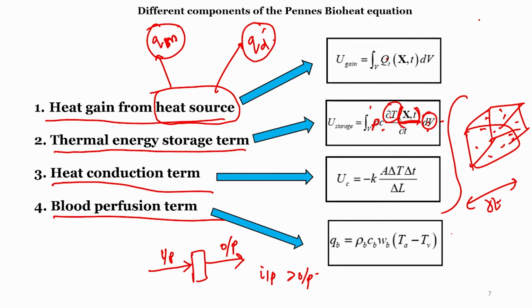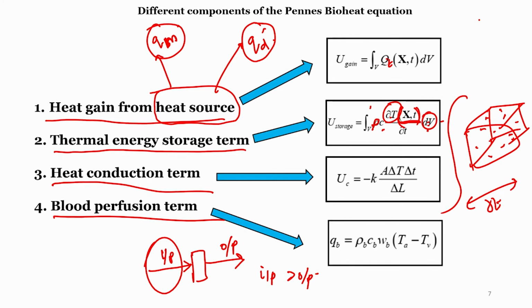Same thing here, this energy gain is basically integrating only the input part over the entire volume of the tissue. So, we understood the two things, which are the heat source and the thermal energy storage term. Why would thermal energy storage happen? It happens when you are heating the tissue much more than you are cooling it.